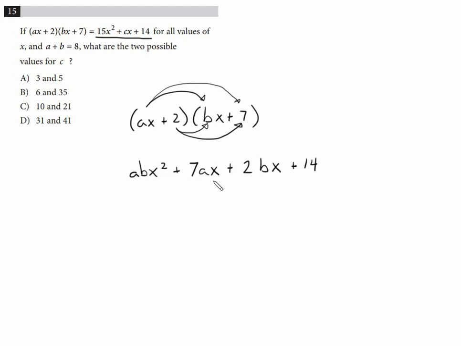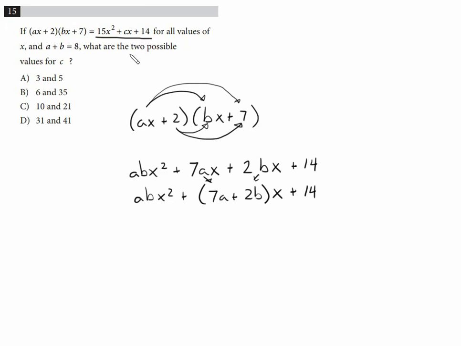And now if we try to isolate just the variable x here, we can further combine this to abx squared plus (7a plus 2b) times x. See how I pulled these two in, plus 14.